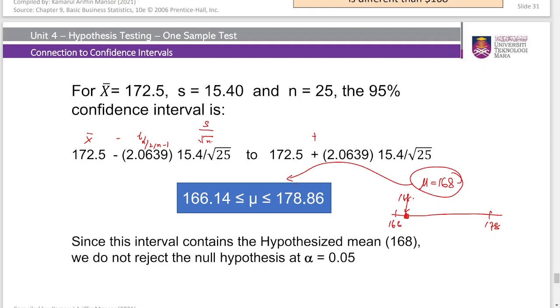So in this situation, you did not reject the null hypothesis and conclude that there is not enough evidence to say that the average is different from 168. By right, it is 168 because 168 is in the confidence interval. Okay.